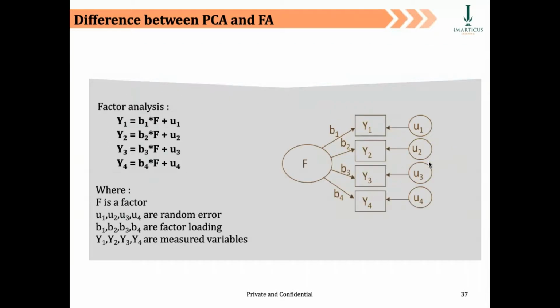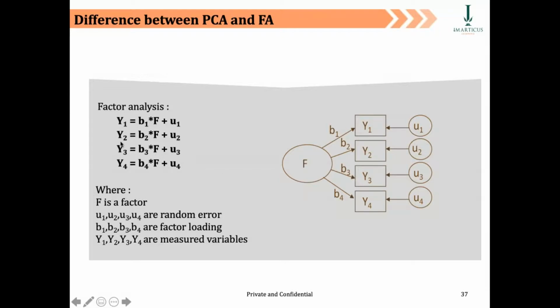But in factor analysis, what we are doing here, you can see our features are y1, y2, y3 and y4, correct? Yes. And there is also random error related to it, that is u1, u2, u3 and u4. So here we are considering one factor and breaking it down.